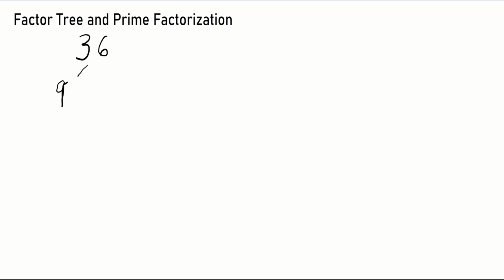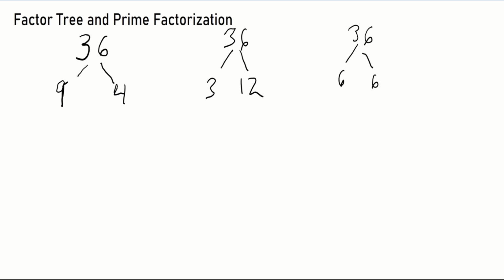We wrote that up above. There's just one pair of factors we can use. We can also use 3 and 12, or 6 and 6.